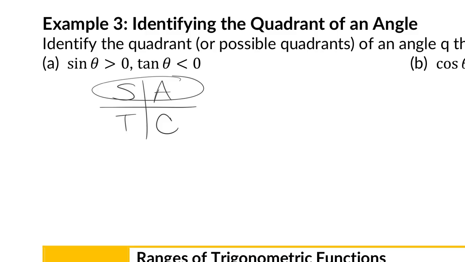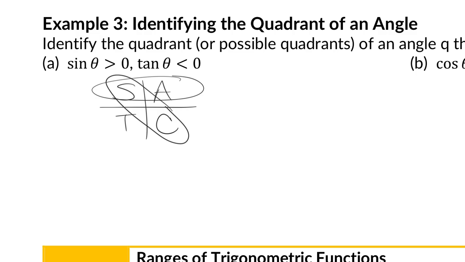But I also want tangent to be negative because it says tangent of theta should be less than 0. So which two quadrants will tangent be negative? These two, right? So if I circle those two, all I'm looking for now is where my two options overlap.